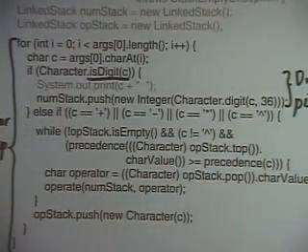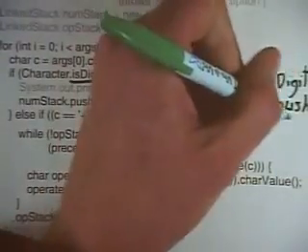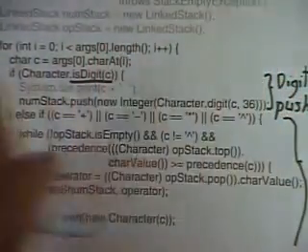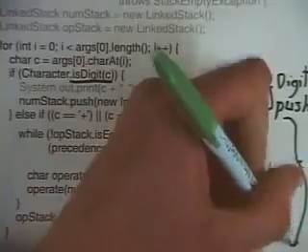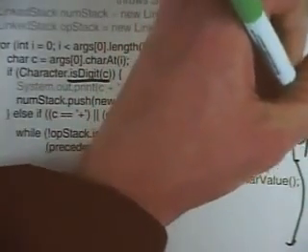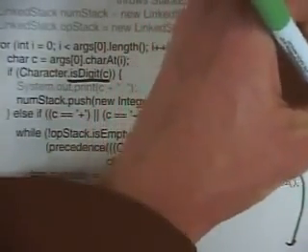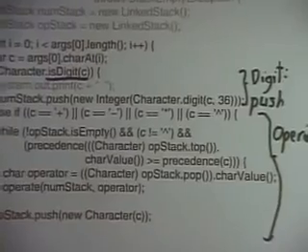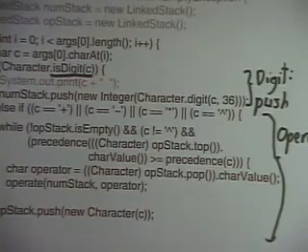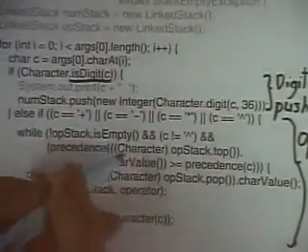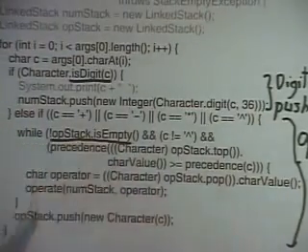which means we push it right onto the number stack, just like we did before. On the other hand, if we get an operator, things are a little more complicated. Now what we're going to do here is look at the item on top of the stack, if there is one. We always check first to see if the stack is empty.